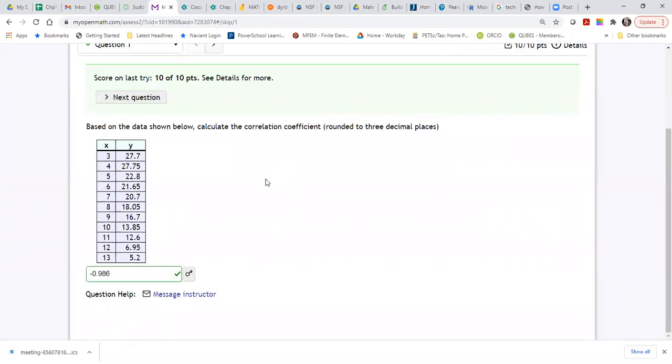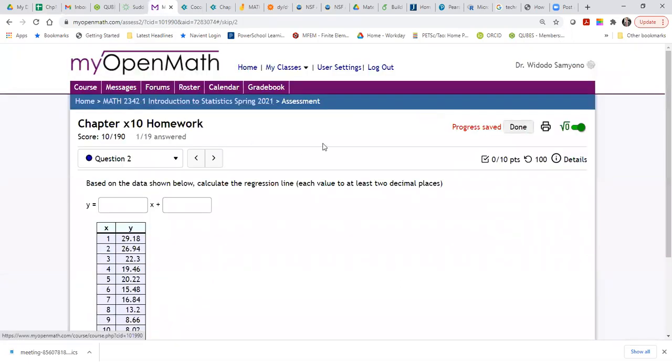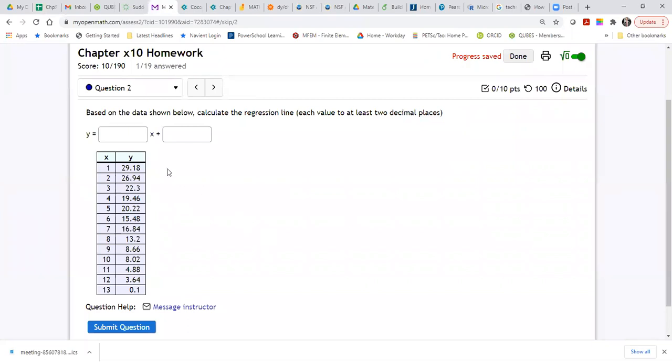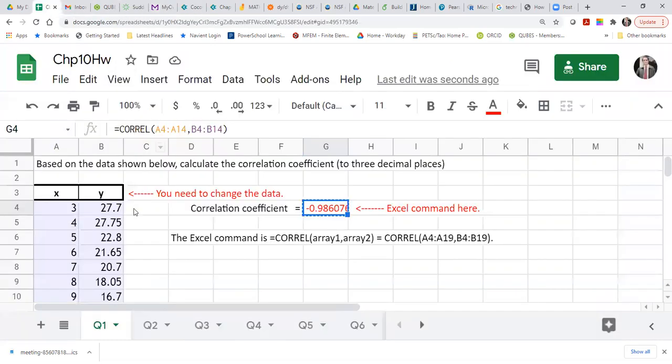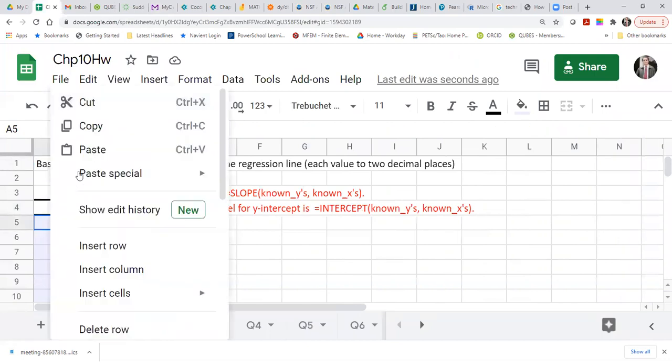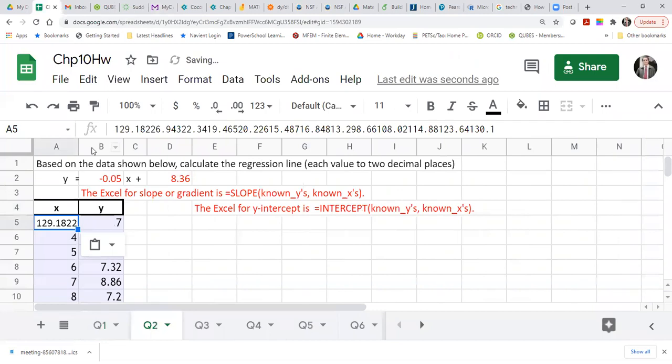Okay. This is number 1, and let's continue with number 2. For this one, you're looking for the regression line formula. The same thing, you need to copy all of this, and then go to number 2, put it here, right click, and then paste it. Oh, it doesn't work. So you need to repeat it again.